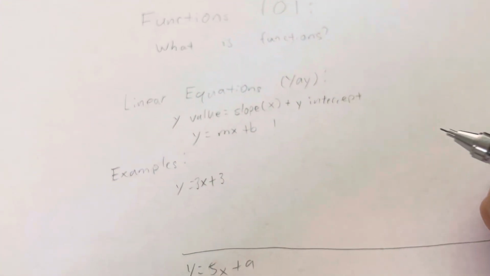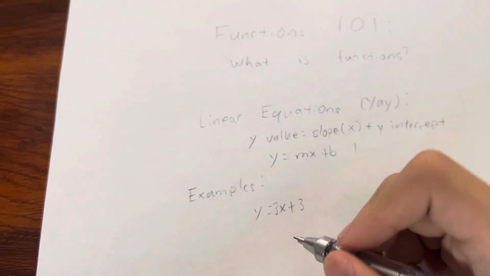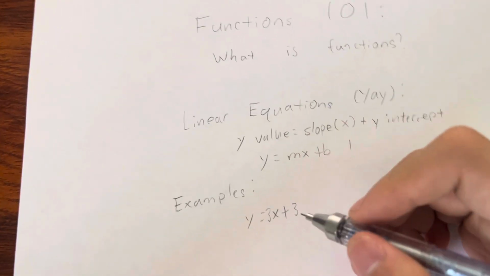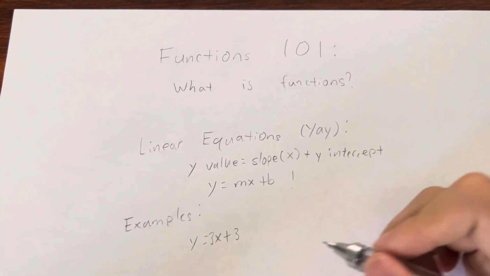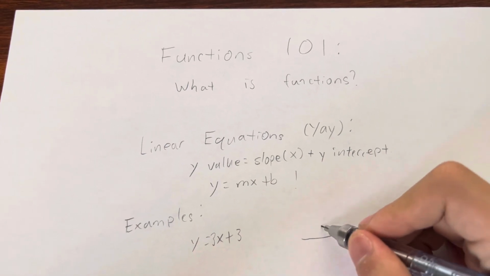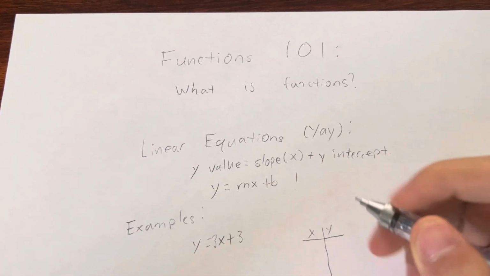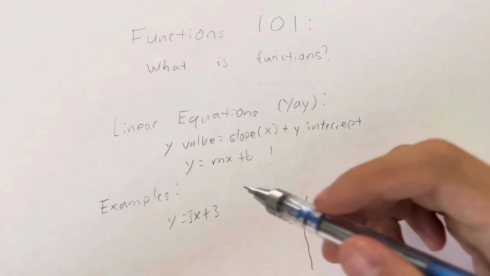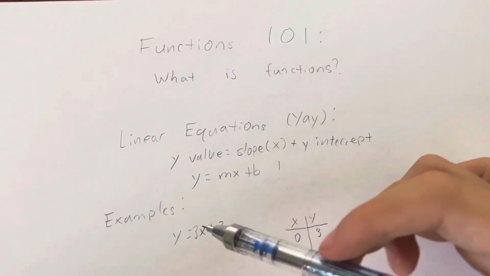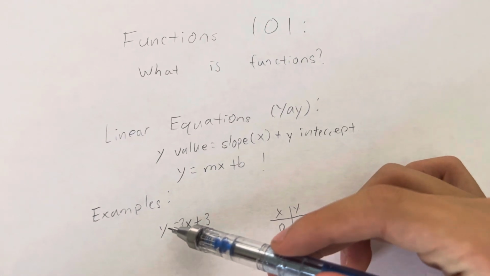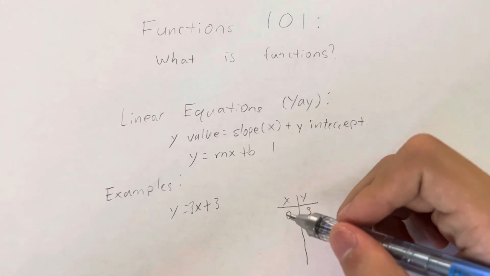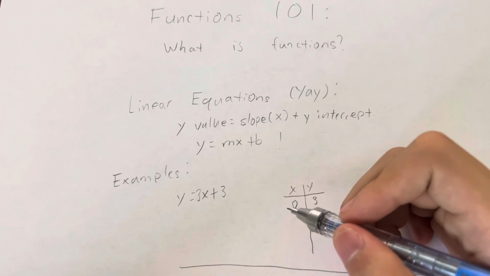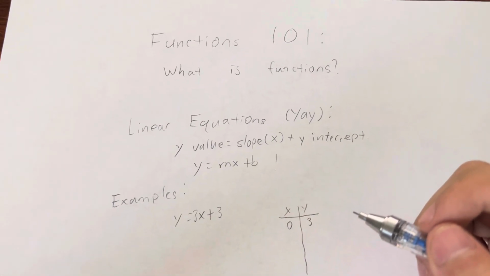And the way you solve this is many ways. Generally, we could make a table of x and y. And then we know that we have a y-intercept, which is 3. And then you just plug in numbers. For example, we could have 1 here, and this is equal to 3 times 1 plus 3, so that's 6.